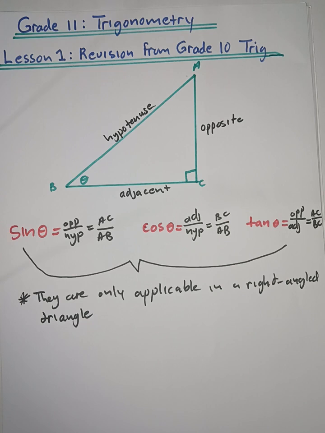But someone might wonder what happens if it is not a right-angled triangle, because the reality is that in real life we hardly have any right-angled triangles. This is where the grade 11 work really comes in, because we are going to learn the rules that we apply in triangles that are not right-angled.